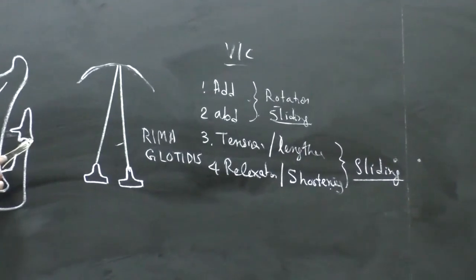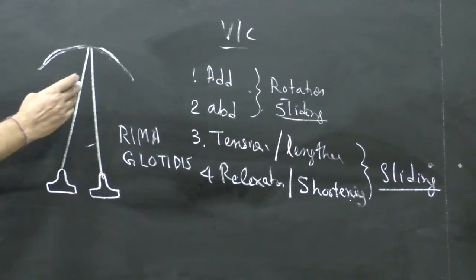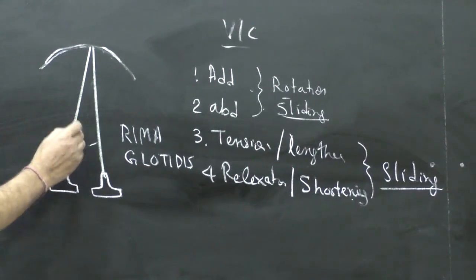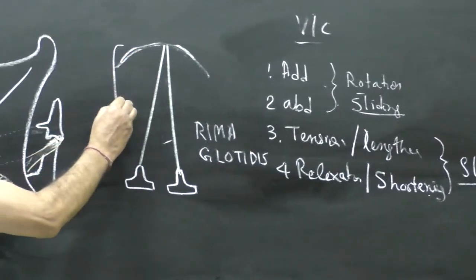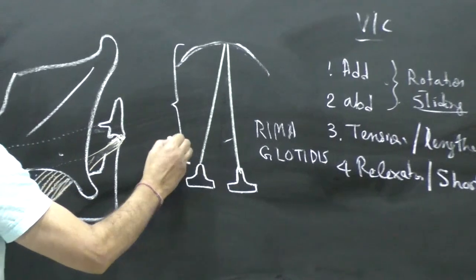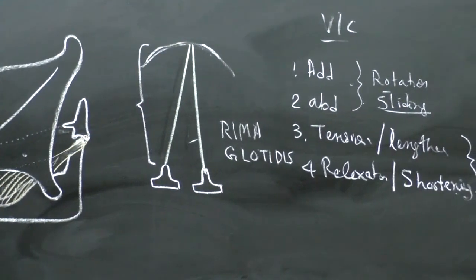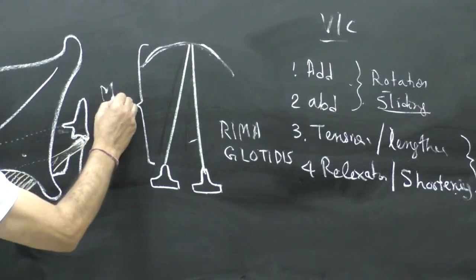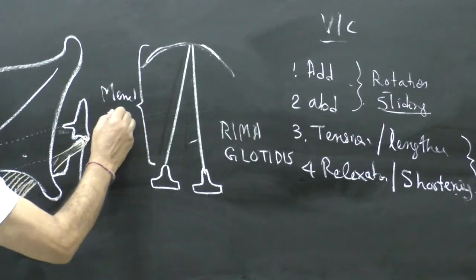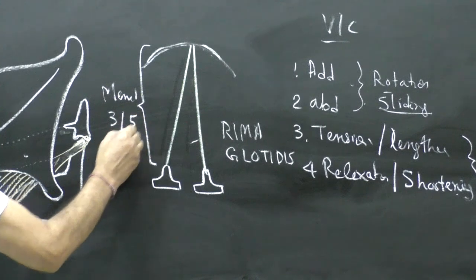Whenever these muscles contract, the gap between the 2 vocal cords has 2 parts. The anterior part, that is the vocal ligament and the vocal fold, is called the membranous part. It is about 3/5.